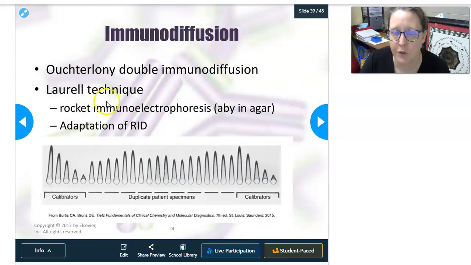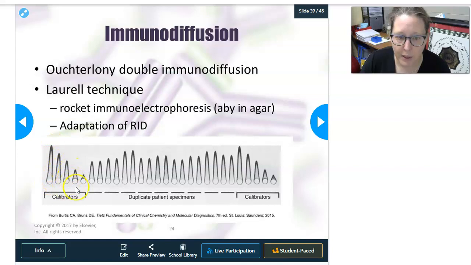Another type of immunodiffusion is the Ouchterlony double immunodiffusion, and also the Laurell technique, which is called rocket immunoelectrophoresis. The antibody is in the agar and the samples are put in the wells. It is an adaptation of radial immunodiffusion, except that instead of diffusing in a circle, it diffuses up as a rocket, as peaks.